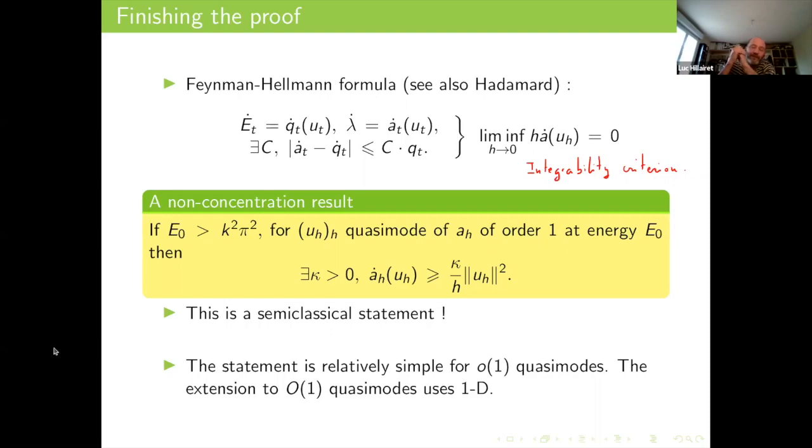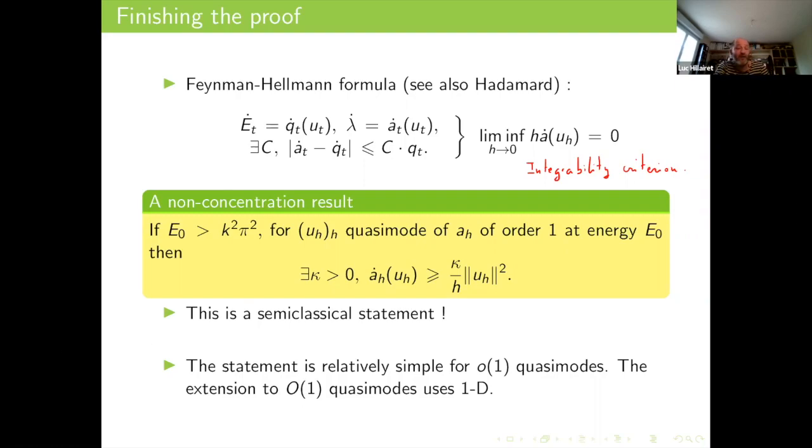This gives you an integrability criterion: the limit of h times A dot of u h is equal to 0, so you have a subsequence along which you have this quantity. What do you know about u h? It is an exact eigenfunction of Q, and since A and Q are O of t one of the other, it is a quasi-mode of A of order 1 at energy E0.